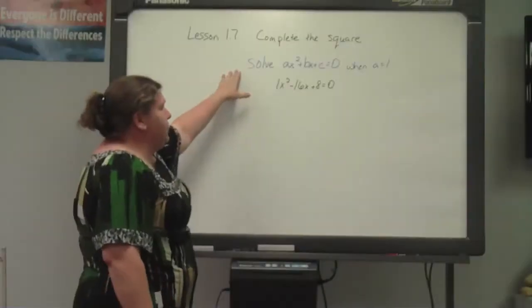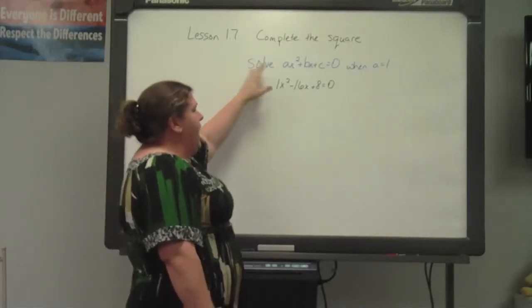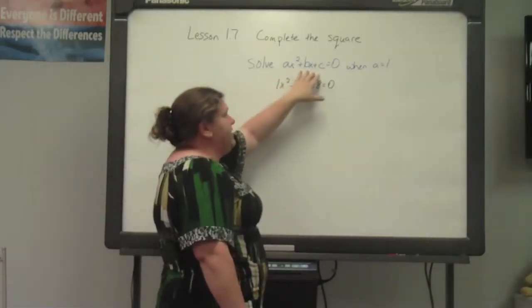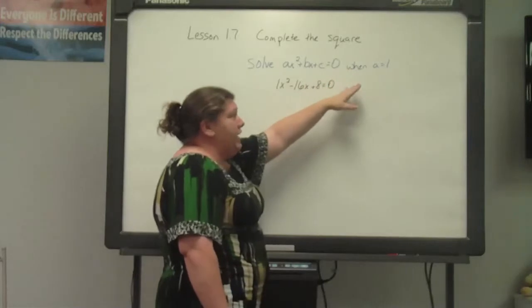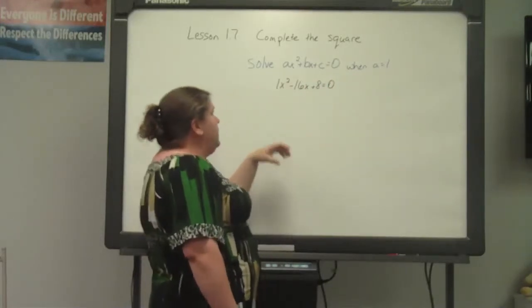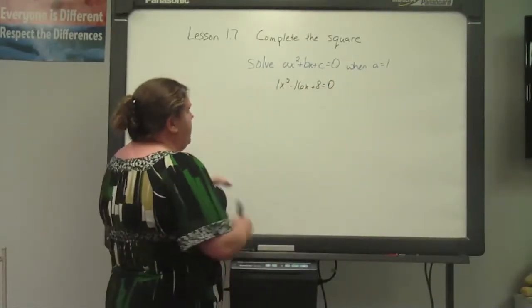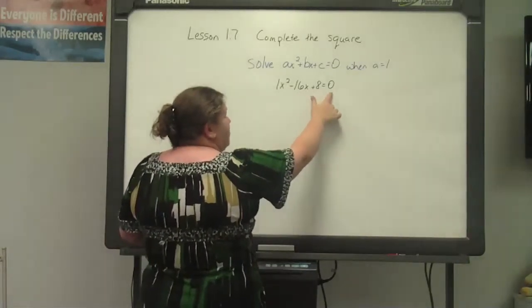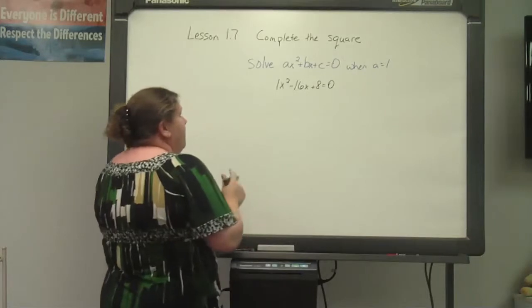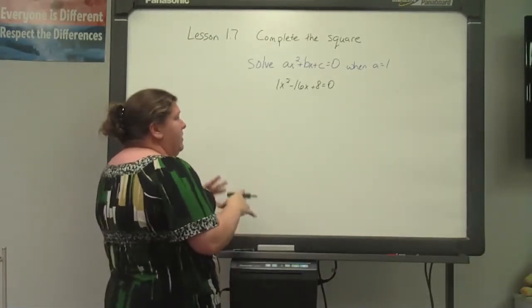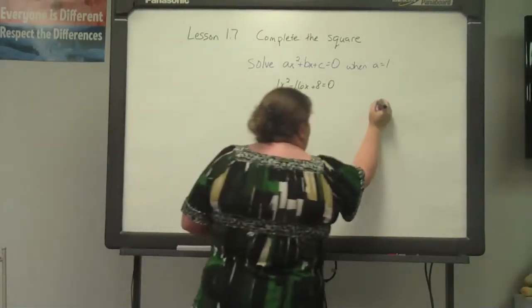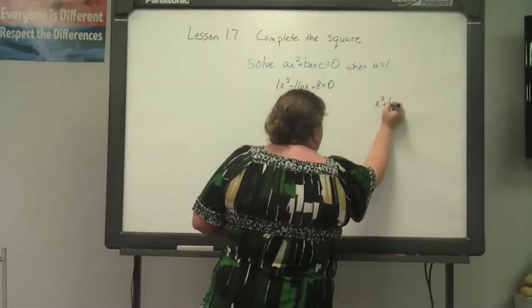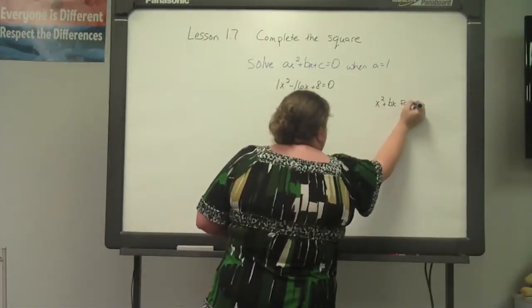The first concept we're going to look at is solving ax squared plus bx plus c equaling 0 when a equals 1. And so we have a problem, 1x squared minus 16x plus 8 equals 0. The first thing we want to do is get our equation into x squared plus bx form.